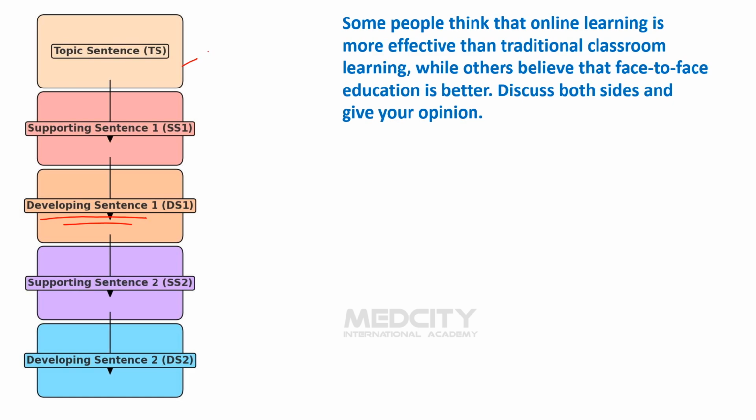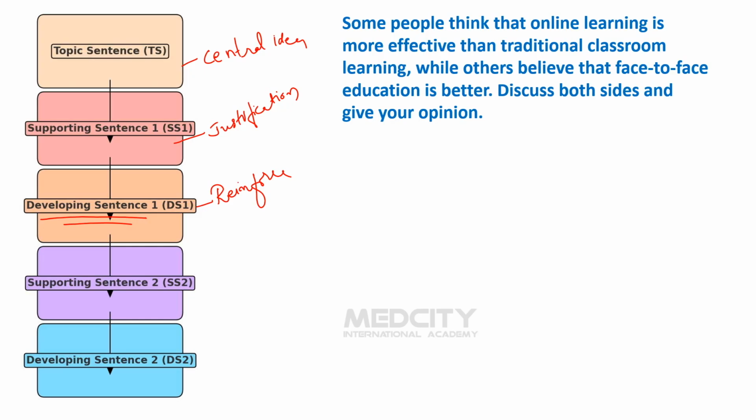So here you have started off with the central idea or the main idea, and then you have provided justification to that. Now to enhance or reinforce that justification, we'll be writing a developing sentence.